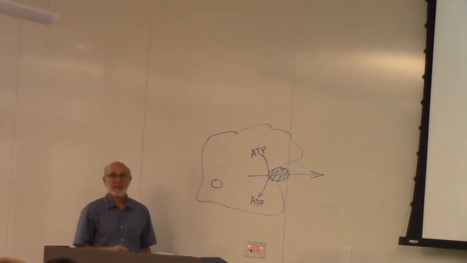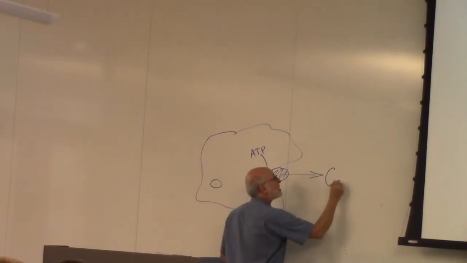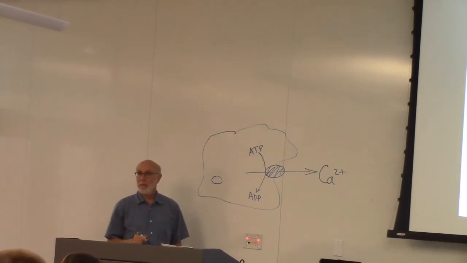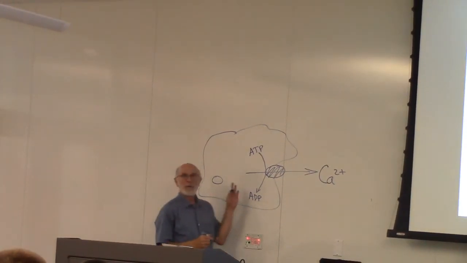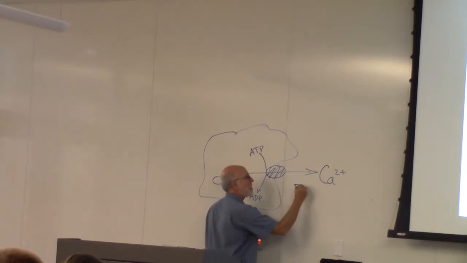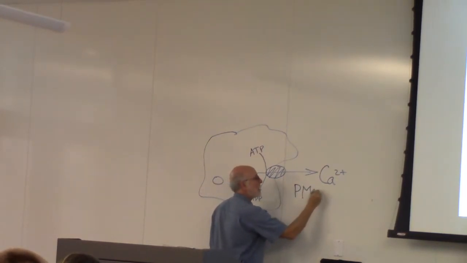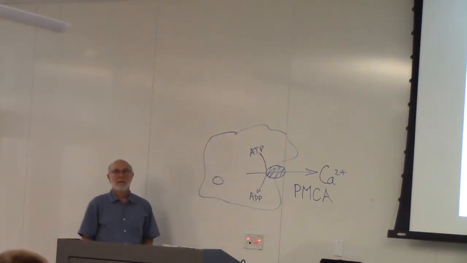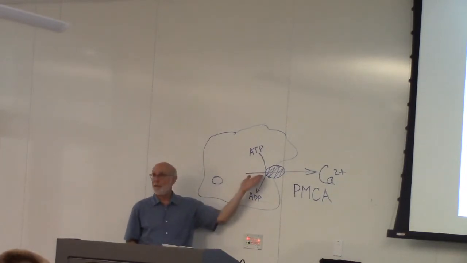I just gave you the answer. Calcium. Calcium is pumped out. This protein has a name. It's called the plasma membrane calcium ATPase, because it's a calcium ATPase on the surface membrane.